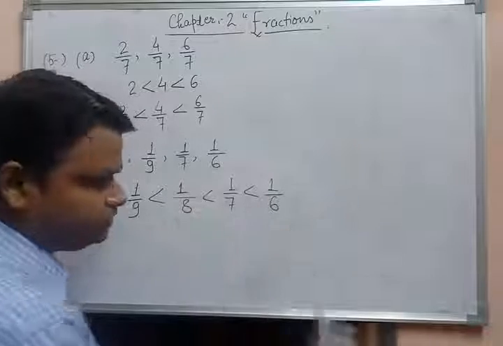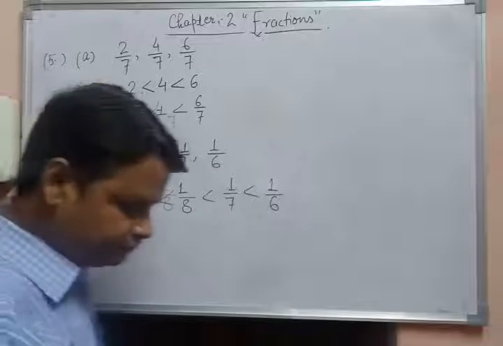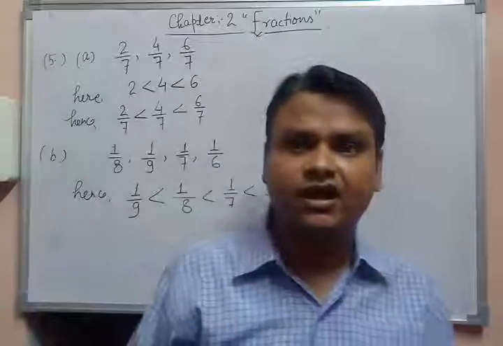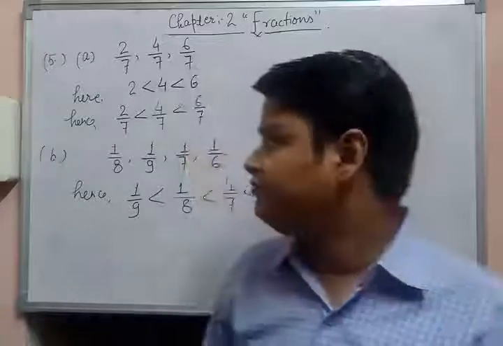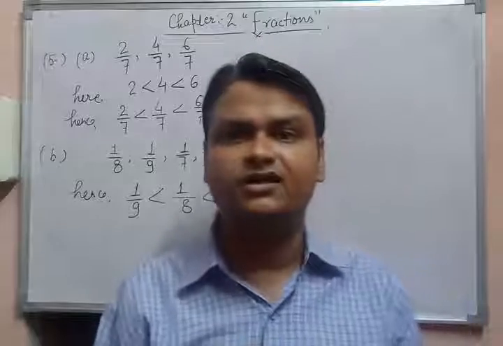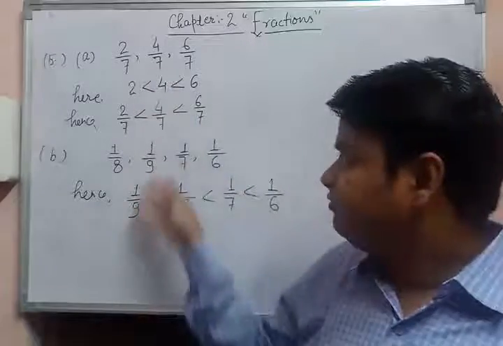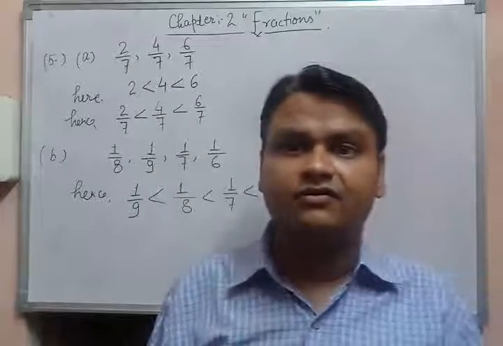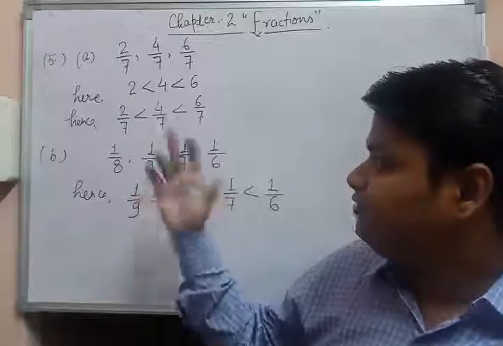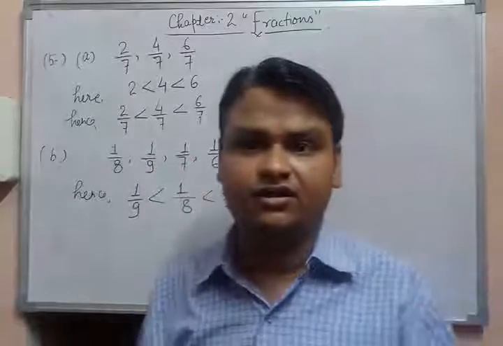So this is the concept of how we can arrange two or more fractions in ascending or descending order. For both questions, you do not need to write any calculation.